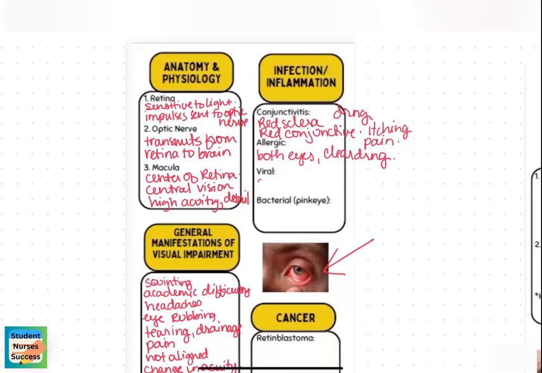Viral conjunctivitis can be 1 or 2 eyes, and again, clear drainage. Pink eye, or bacterial conjunctivitis, often just starts with one eye. It may spread to the other if you contaminate. And you usually see yellow-green drainage. You would benefit from antibiotic eye drops with bacterial conjunctivitis.